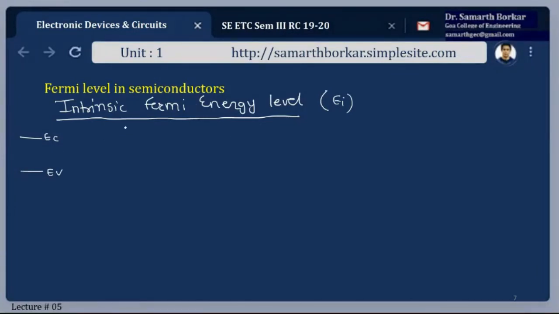If EF moves to EC, what has happened? The number of electrons increases and the number of holes decreases, by our previous discussion.